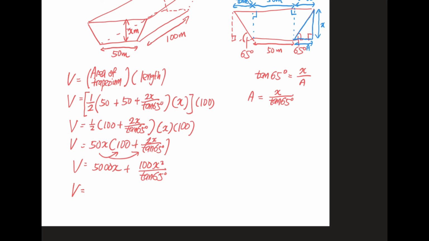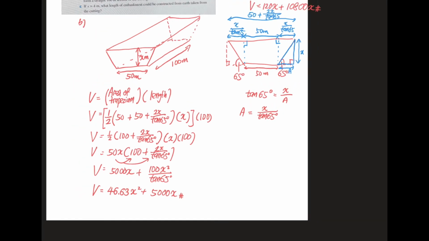So I'm going to write it here: 46.63 x squared plus 5000x. So it's a quadratic form again.